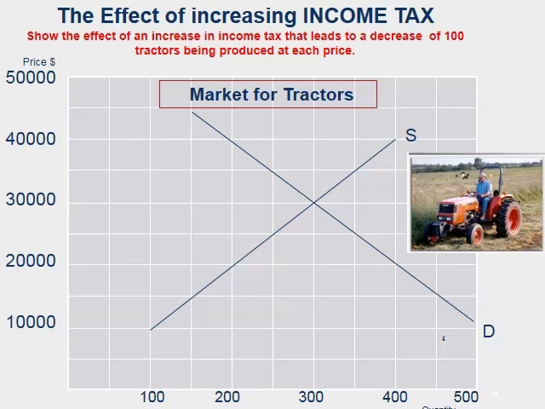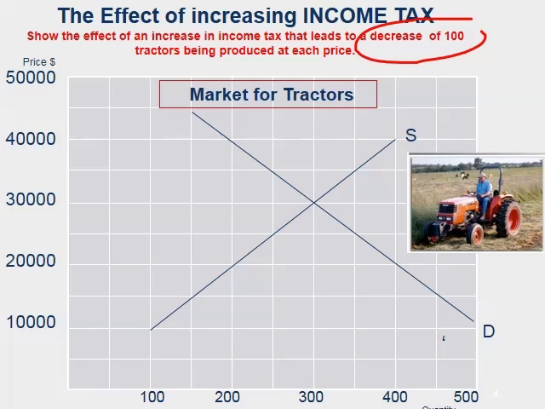So this task is focusing on a change in income tax. Income taxes increase. So consumers now, purchasers of tractors, have less money to spend. So we know the demand curve is going to shift to the left. How far left? Well, you're told that there's a decrease of 100 tractors being produced at each price.